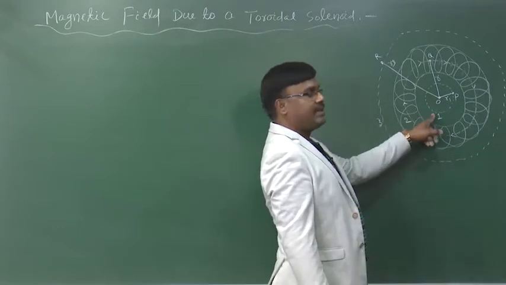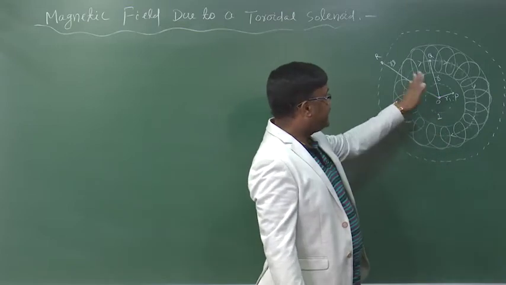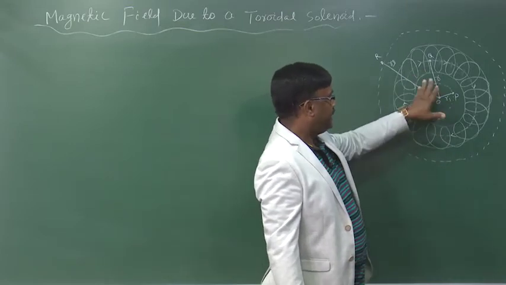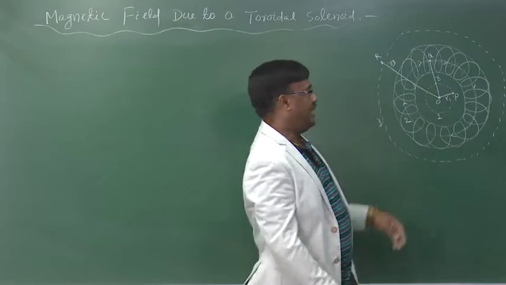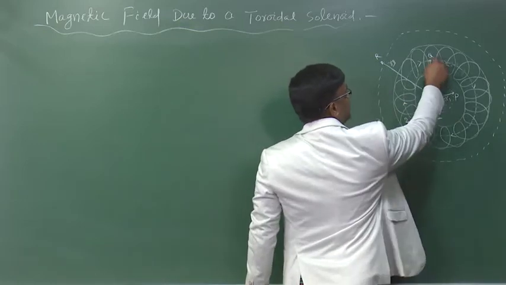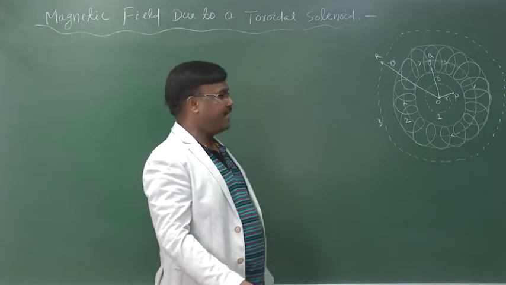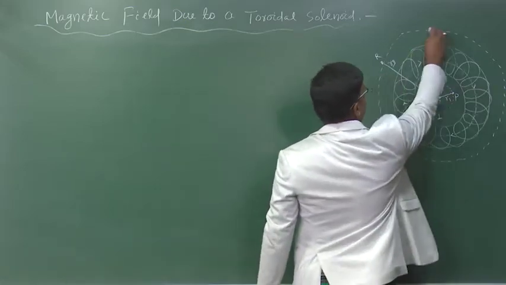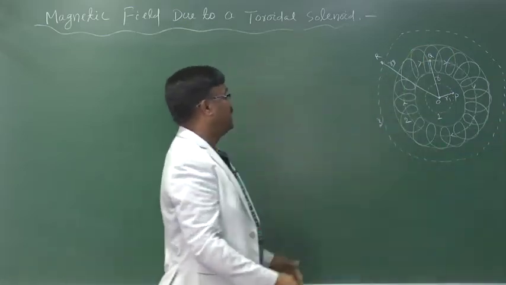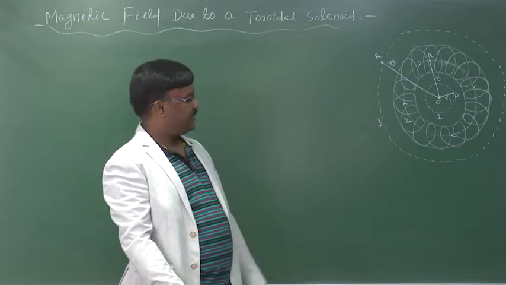The number 1 dotted line is inside the toroid in the open space, and number 2 dotted line is within the solenoid, whereas the number 3 dotted line is outside the solenoid.